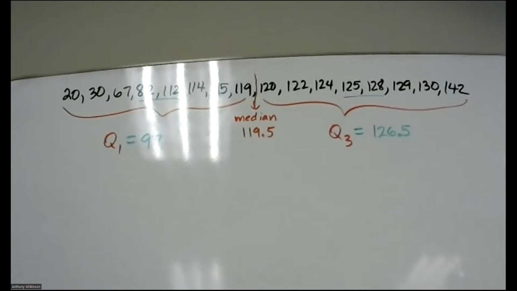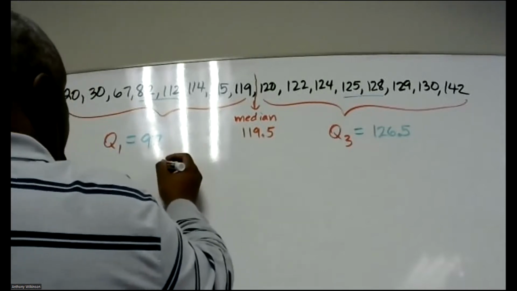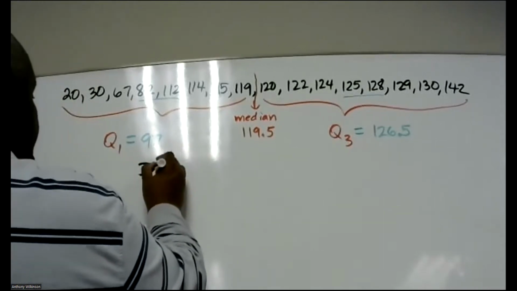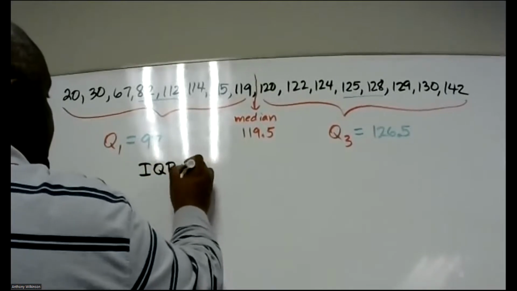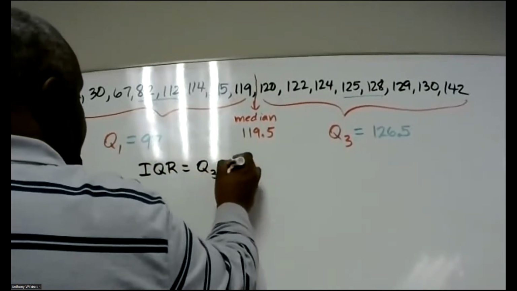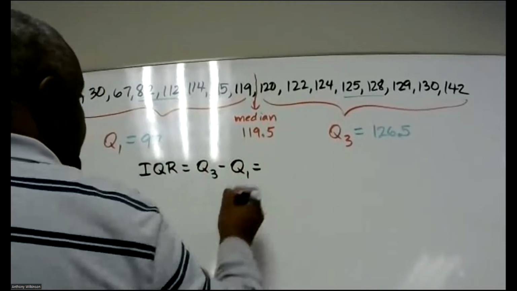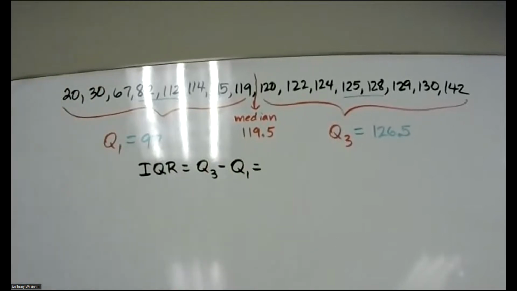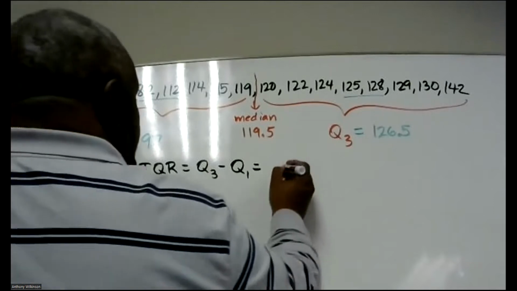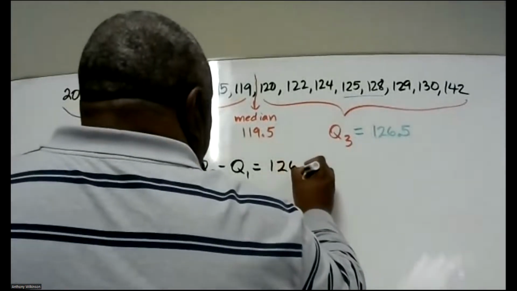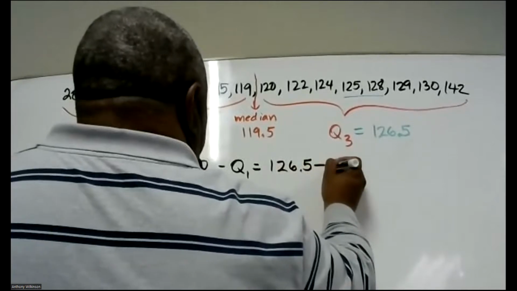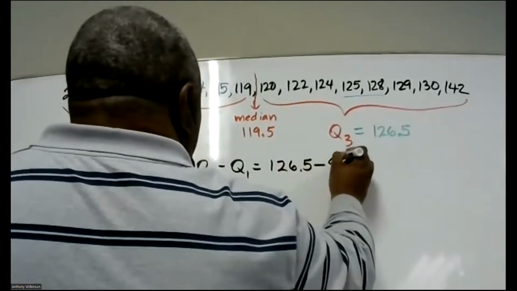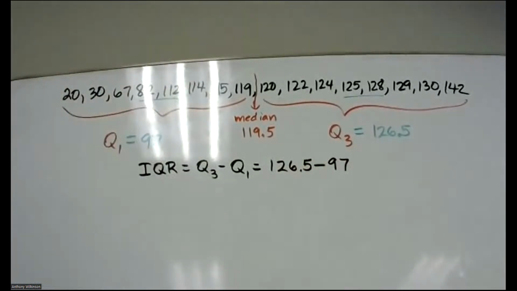All right. Now let's find the interquartile range. The interquartile range is always Q3 minus Q1. So in this case here, Q3 is going to be 126.5 minus Q1, that's going to be 97.